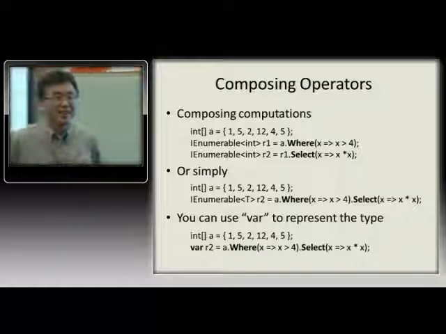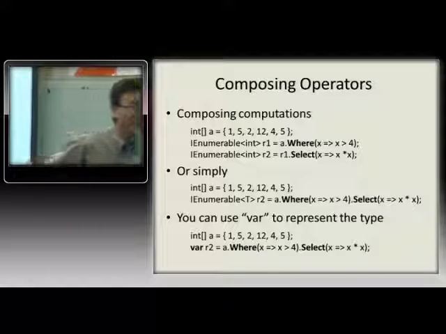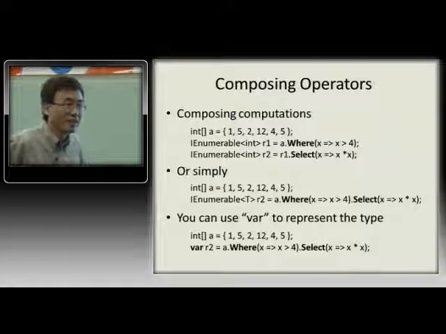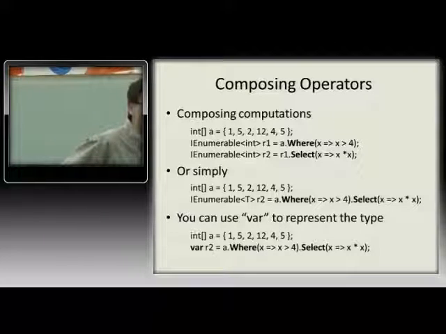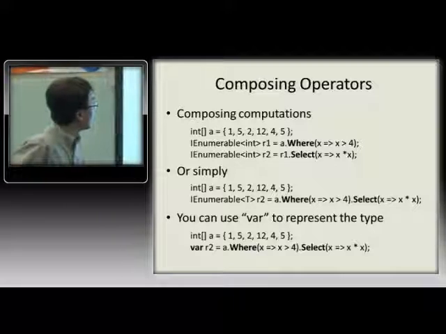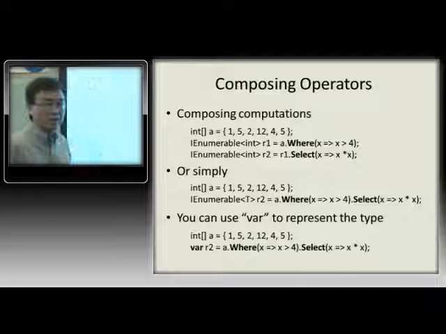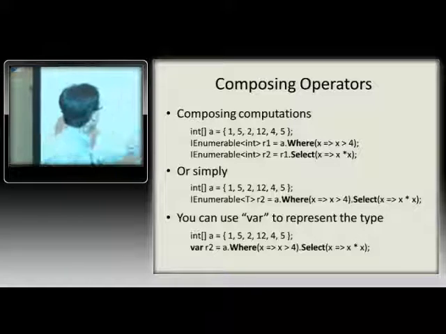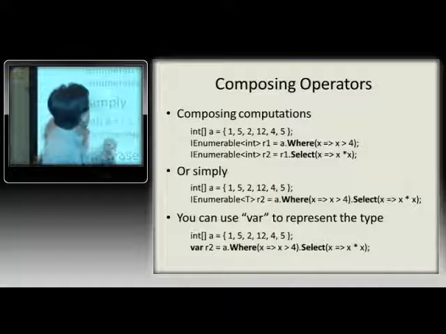When you do the select operation, what is the order in which the results are stored? Here we are doing the select on the set 1, 5, 2, so the result should be 1 square, 5 square. R1.select.